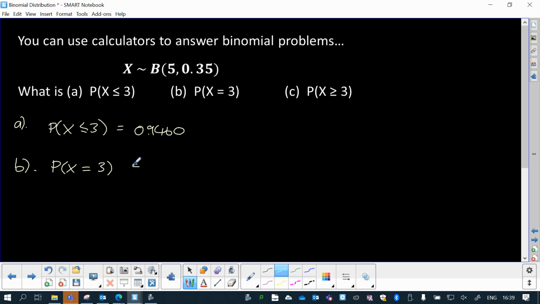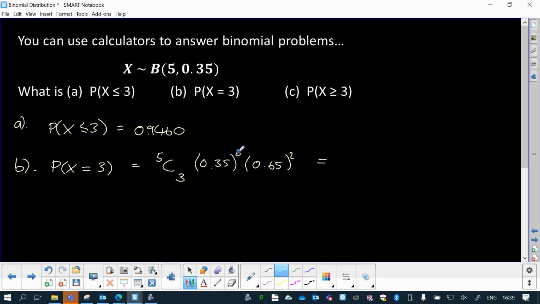So the calculation for this one is going to be 5 choose 3, 5 trials choose 3 successes, 0.35 is the probability of success cubed because it's 3 successes, multiplied by 0.65 squared because that would mean that there are 2 non-successes.